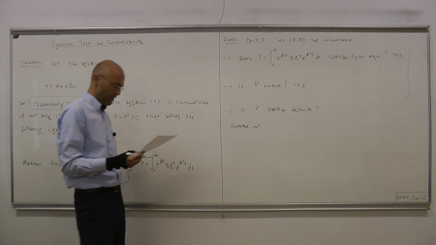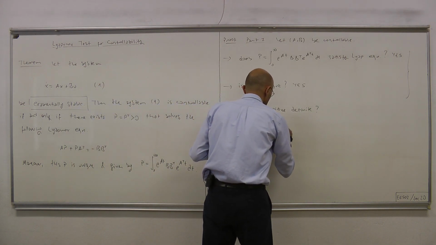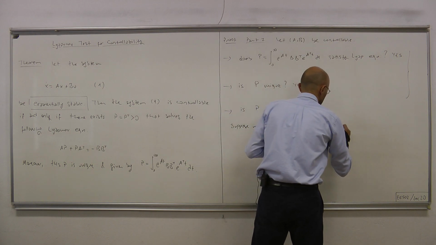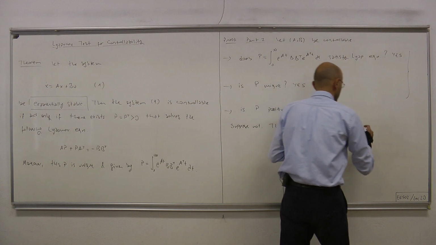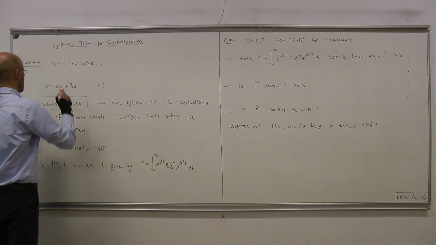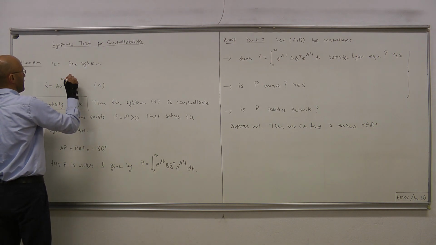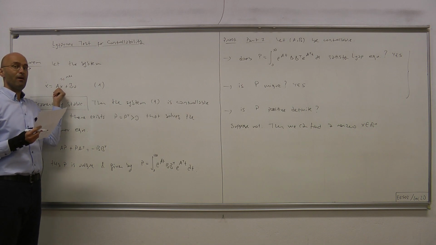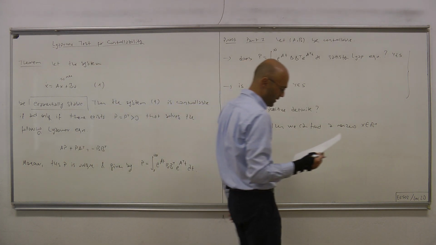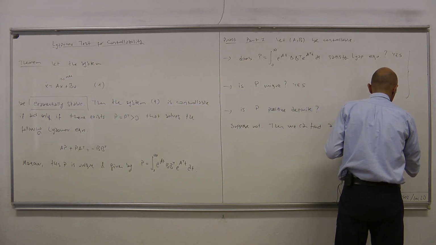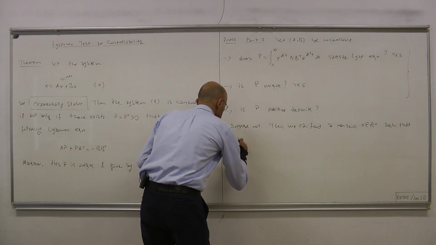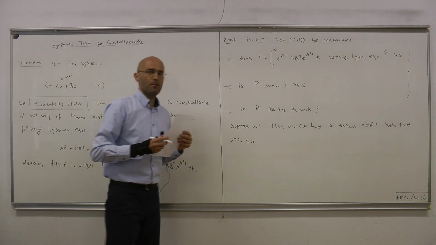Suppose that P is not positive definite, then we can find a non-zero vector x in R^n, where n is the order of our system and A is an n by n matrix, such that x transpose Px is 0 or something negative.